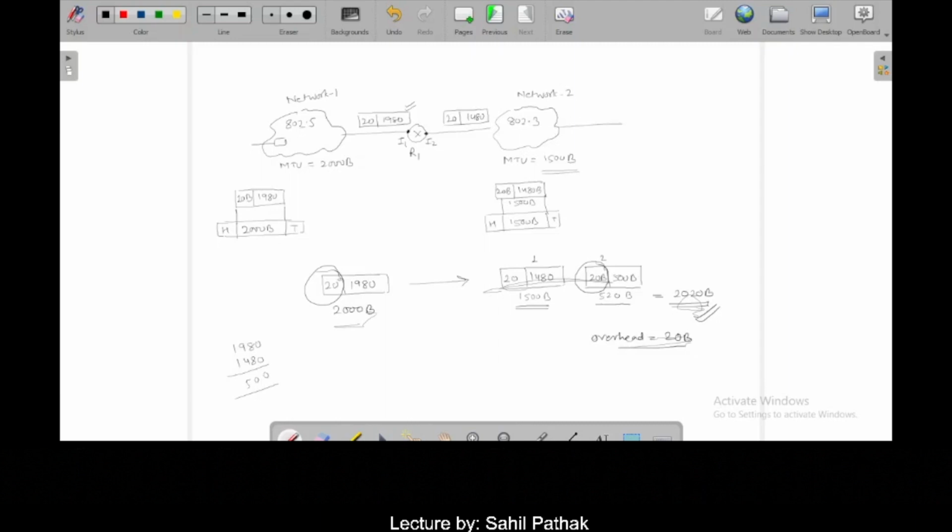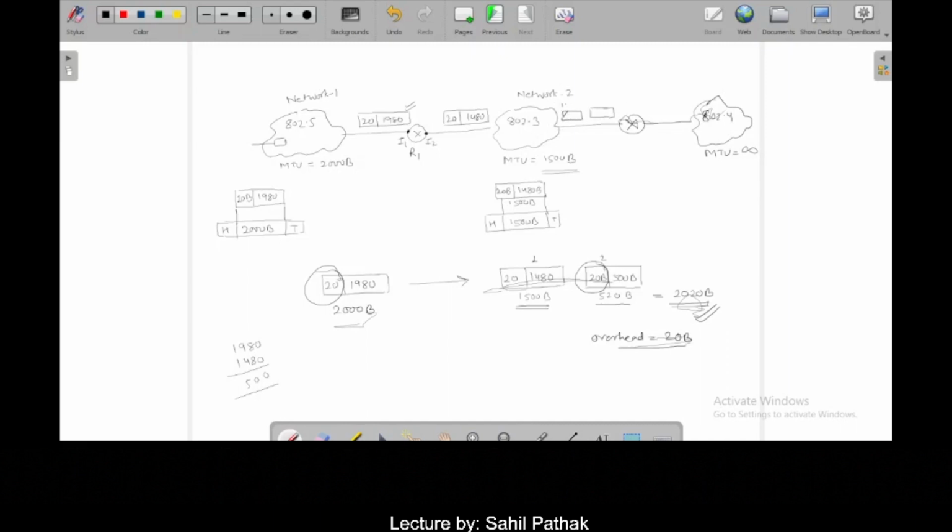Let's say this packet is sent to the next router, and the next router is connected with a network, let's say 802.4, and I suppose that the MTU of this network is infinite, or you can say any amount of data can be fit into the data link frame. OK, so what happens in this case? Now these two fragments are going to be sent from this network.